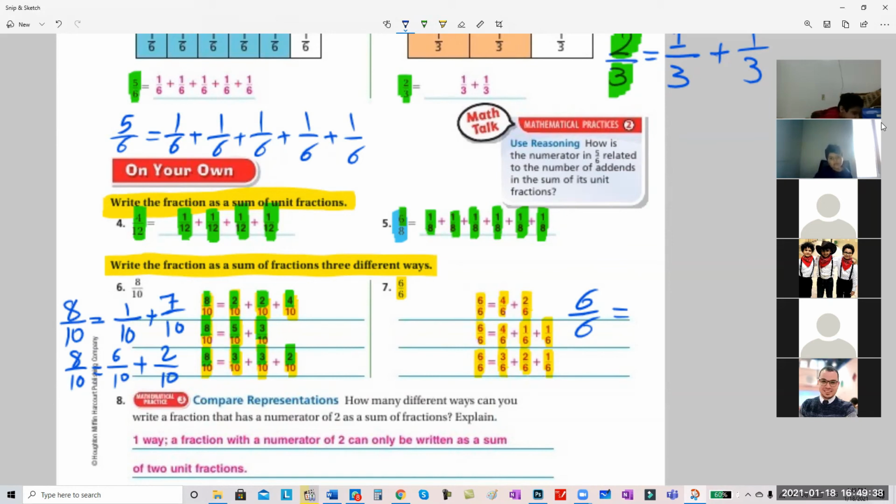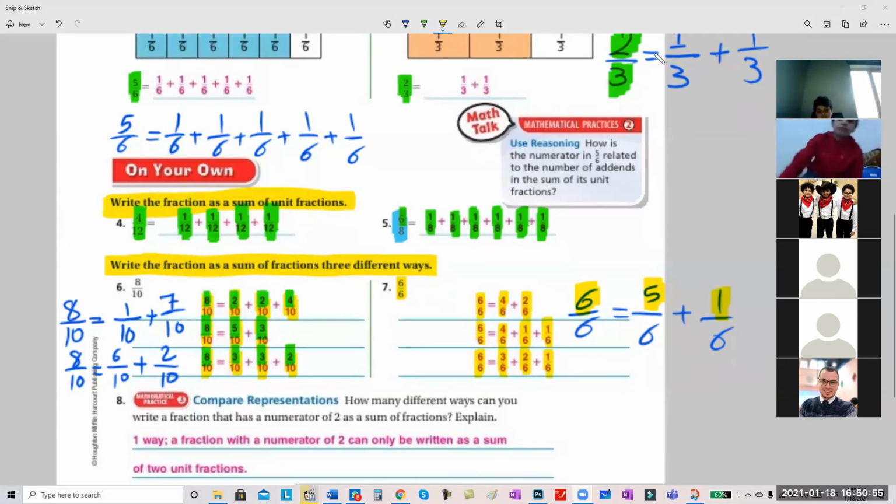I don't understand that question, but the first question number 6, I only write it. Mister, it's easy: 5 over 6 plus 1 over 6 because we have 6 here. So you have to write some numbers, the sum of them equals 6. So 5 plus 1 equals 6. It's very easy. And we also use the same denominator, right, Hassan? Are you still with me? Yeah, I'm still here. Okay, thank you so much, Hassan.